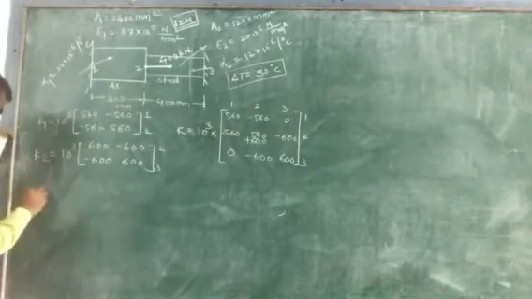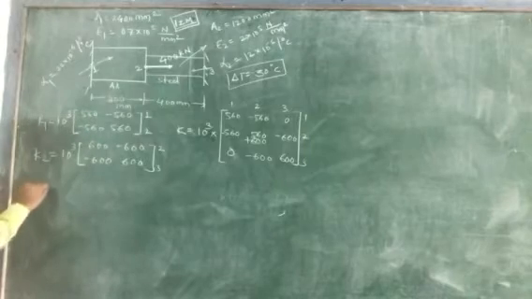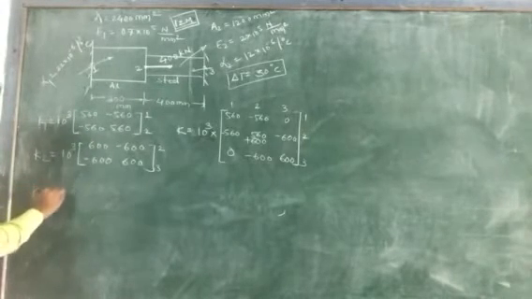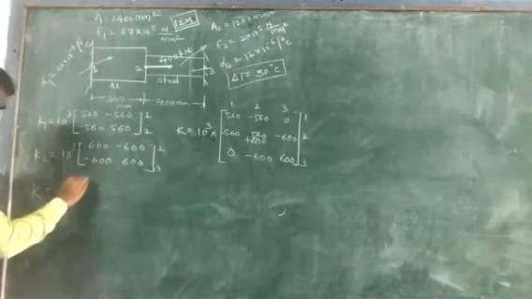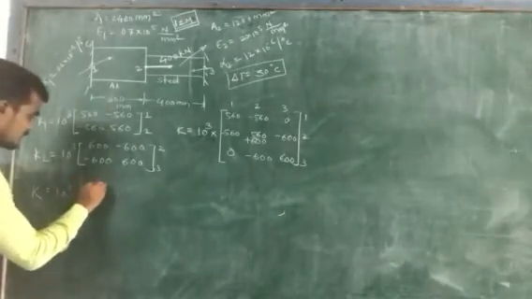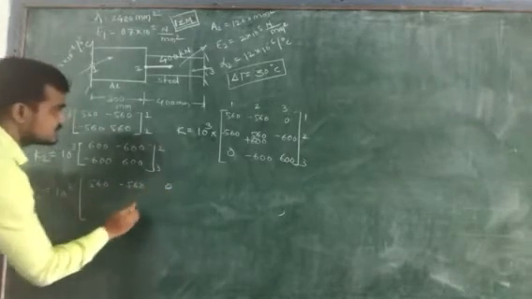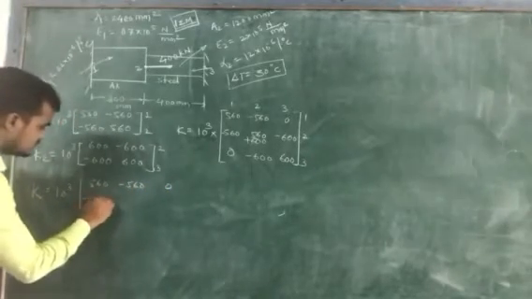So global stiffness matrix K is equal to 10 raised to power 3 into 560 minus 560 0 minus 560.